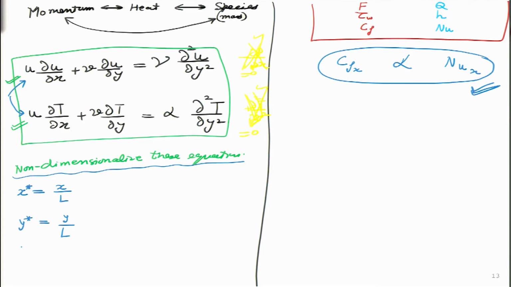Now, I will also non-dimensionalize the x direction velocity u with the free stream velocity capital V, and similarly I will non-dimensionalize the velocity in the y direction, which was v earlier, with v star, by just dividing by the free stream velocity. So, always keep this picture in mind, that we are talking about this particular boundary layer over here.